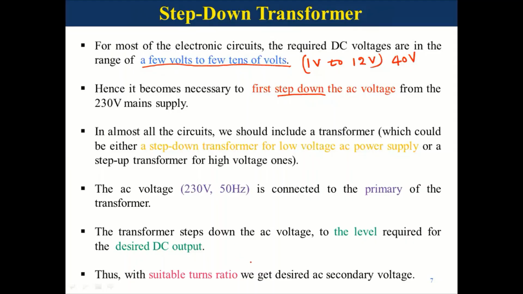So I want a step down transformer. That's why N1 must be greater than N2, meaning there must be a large number of turns in the primary and a small number of turns in the secondary, so that it becomes a step down transformer, and the AC voltage is reduced to the required level.